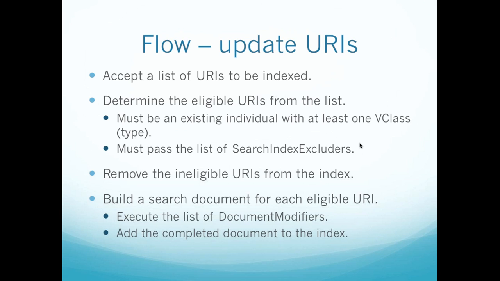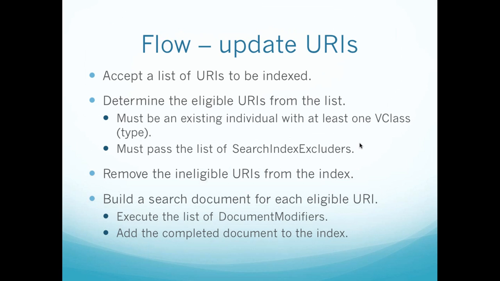For example, it might be rejected based on type. We're not going to put date-time intervals into the search index, even though technically each one is an individual. We also won't put thumbnail images into the search index. All sorts of things like this are excluded by one or more of these excluder objects.